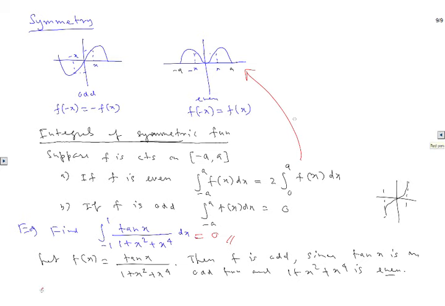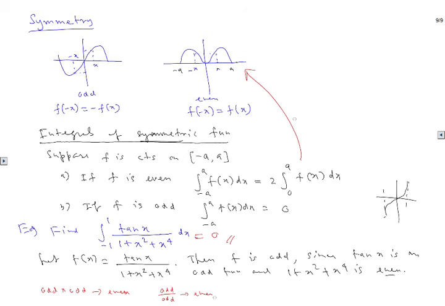Odd times odd is even. This is for functions, not for numbers. For numbers, it doesn't work that way. And an odd function divided by an odd function is an even function.